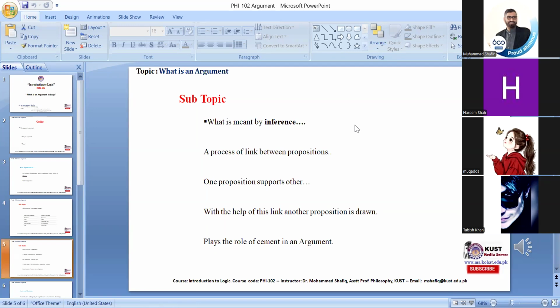An argument does not mean that we have a collection of propositions. Just a mere collection of propositions does not mean that it's an argument. It's the same thing when we collect so many bricks and blocks and just dump them somewhere: we cannot call it a wall.